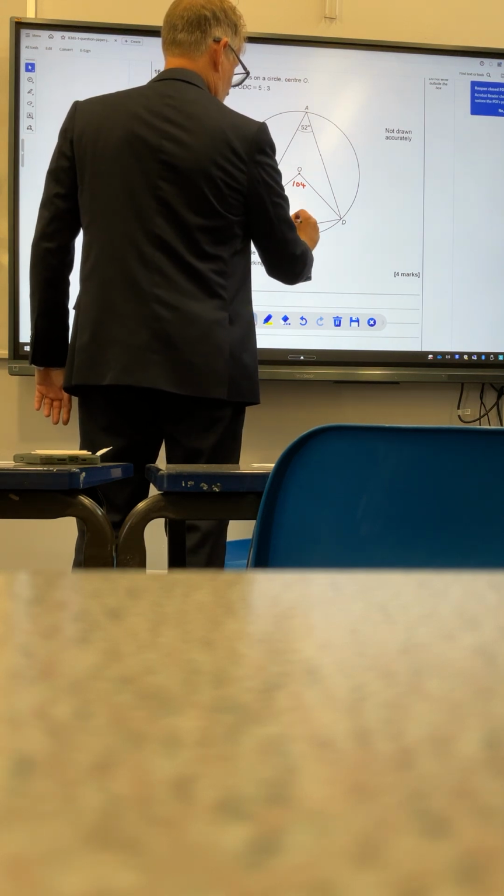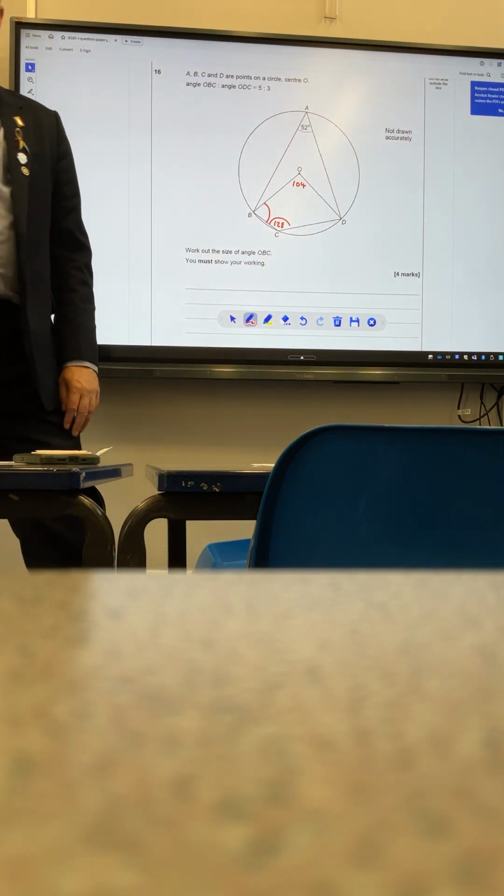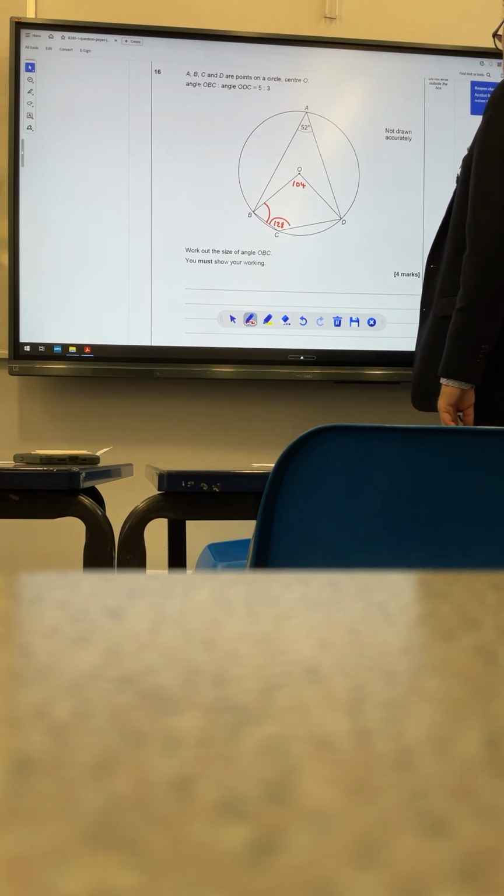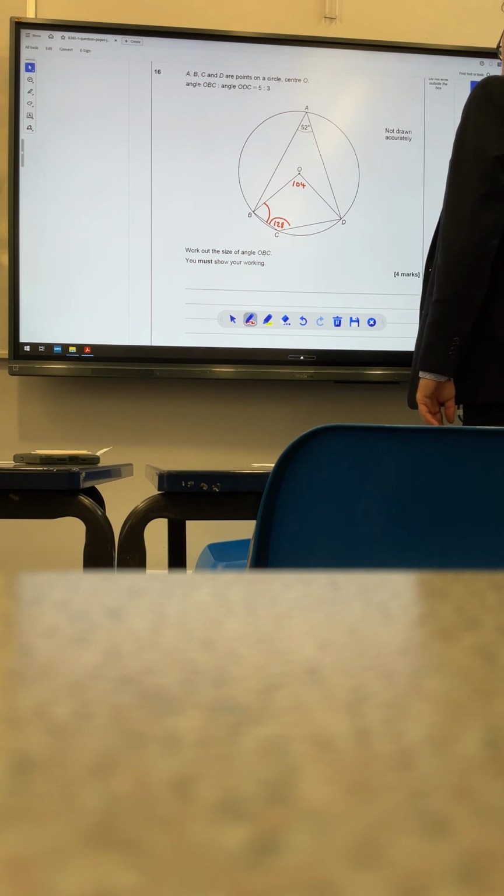Happy with that? Opposite angles in a cyclic quadrilateral? So that leaves us in OBCD a quadrilateral: 108 and 128 and 104 gives us 232, and 360 take 232 gives us 128. Oh, 128 again.